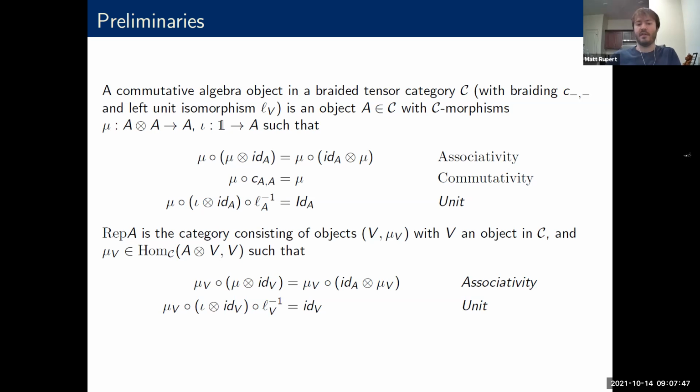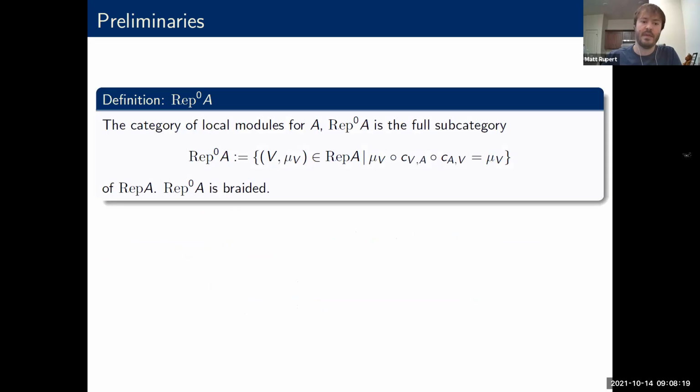Rep A will denote the category of pairs (V, mu_V), where V is an object in C and mu_V is a morphism in this category which turns it into a module in the usual way. This is very natural. It's just commutative algebras and modules where, as objects, they lie in the category, and the product and unit morphisms and the action on the module have to be morphisms in your category.